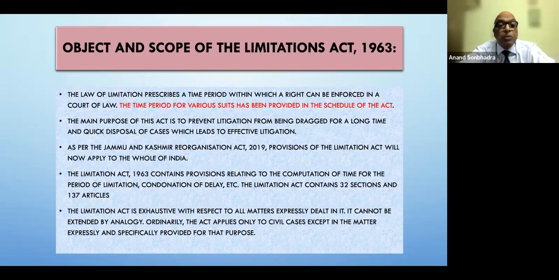The main purpose of this act is to prevent litigation from being dragged on. As I said earlier, the whole ambit and the objective is to put a restriction on the time period within which a litigation can be initiated or an appeal can be made, and to prevent litigation from being dragged on or litigants using it as a dilatory tactic.